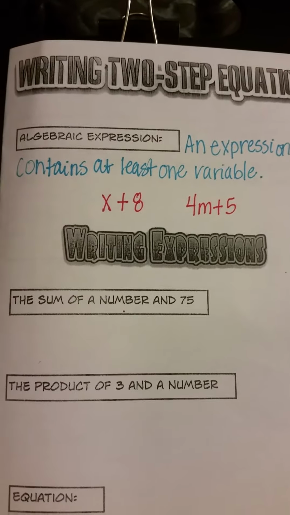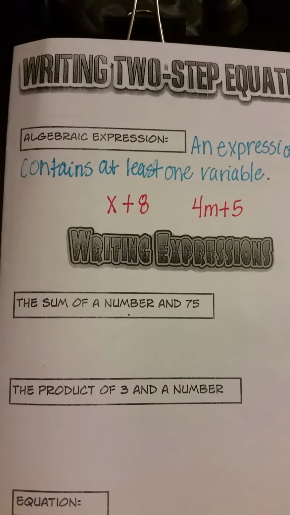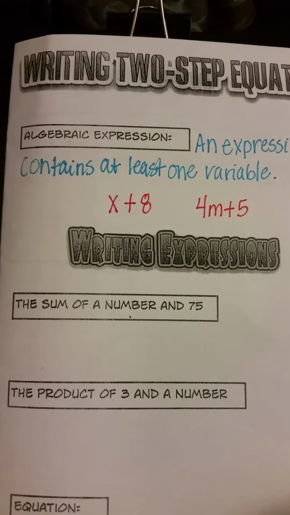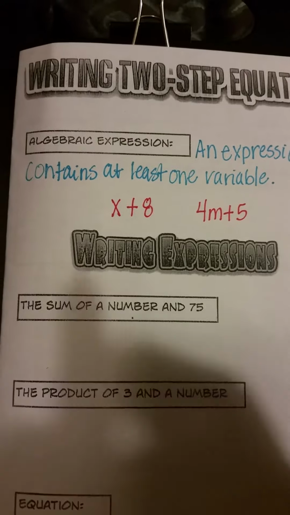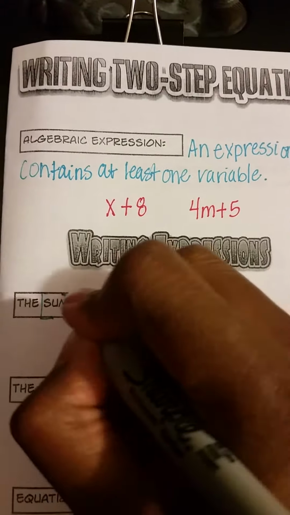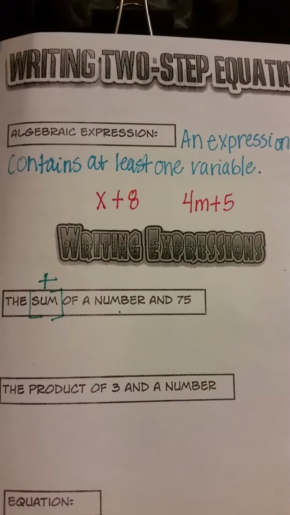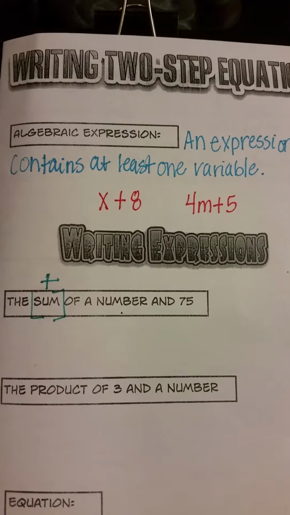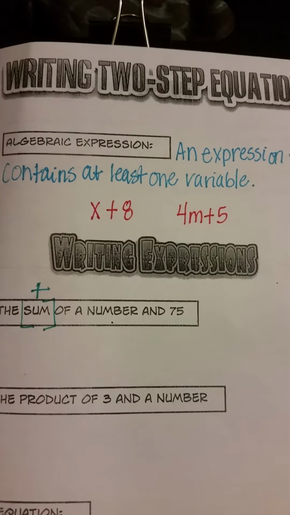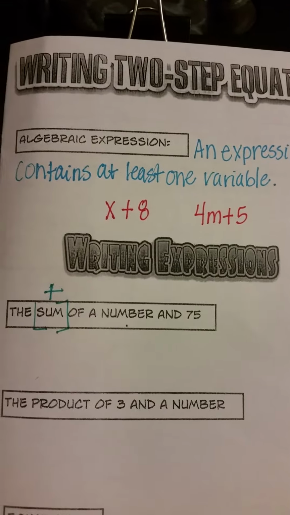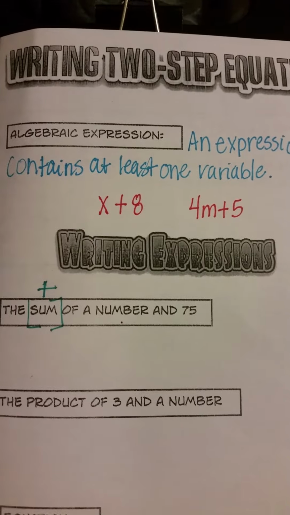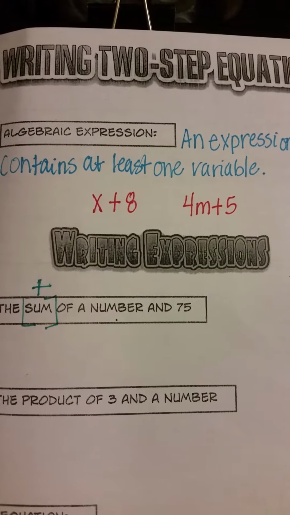Here we have the first one, which says the sum of a number and 75. We know that the word sum means to add. The sum of a number. We don't know what that number is, so we can use any letter from A to Z. It does not matter.